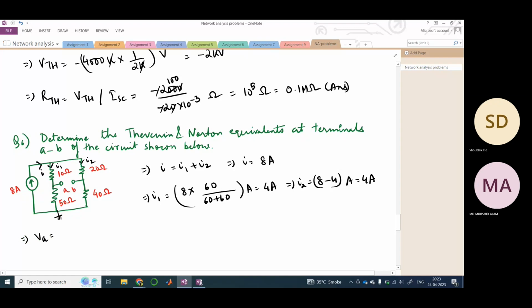So this is A, right? This is terminal A, and this is grounded. So what would be VA? The current that is flowing through this path is I, right? So it is flowing through the entire 10 and 50 ohm resistances, and similarly for I2, 20 and 40. So what would be VA?